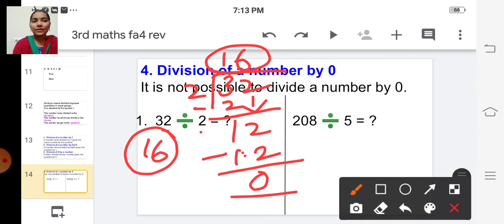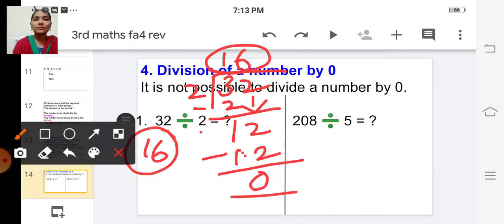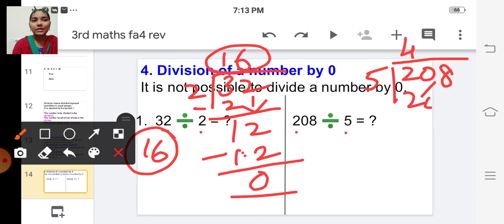Look at the next problem, 208 divided by 5. In this problem, consider the first two digits of the dividend. How many times will 5 go in 20? 4 times, 5 fours are 20.